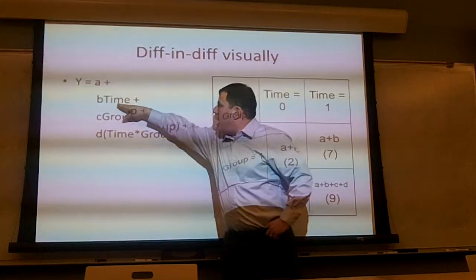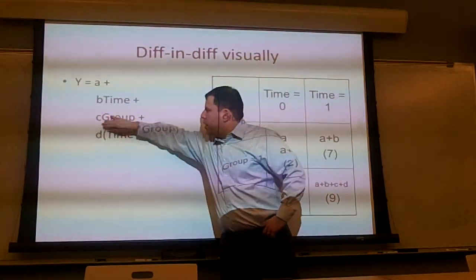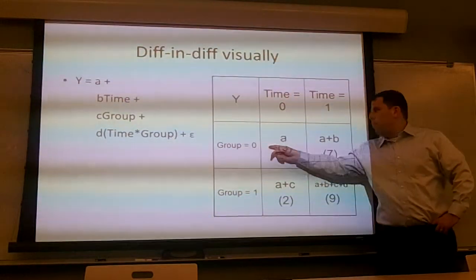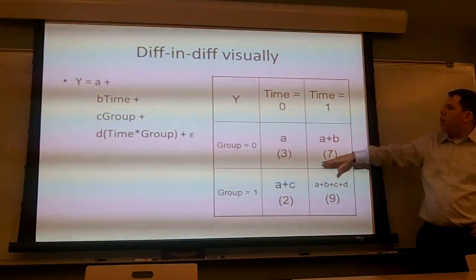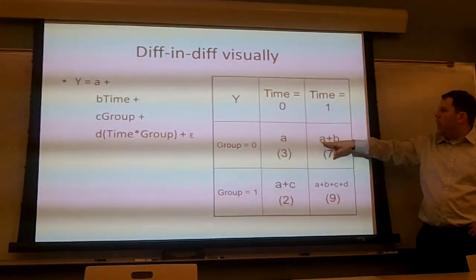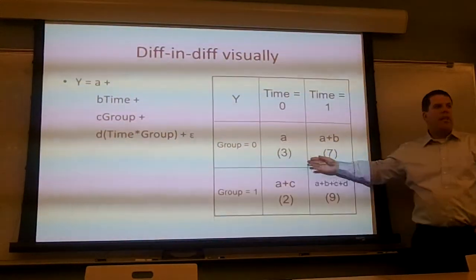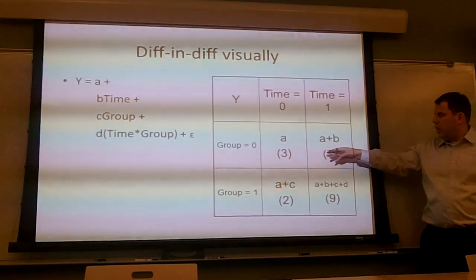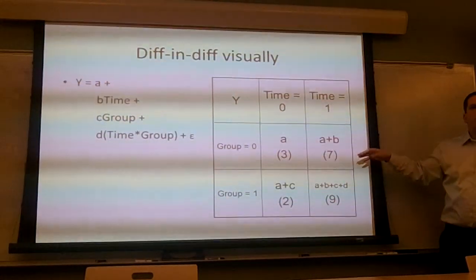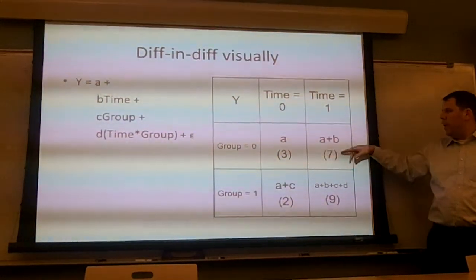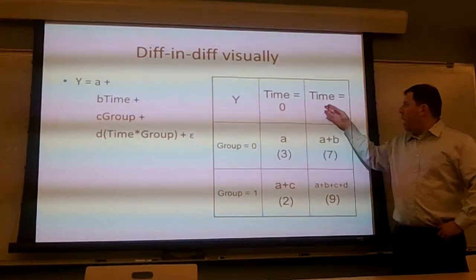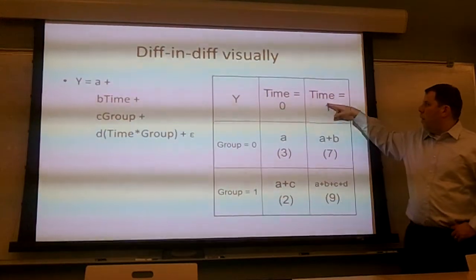Time is 0, so B falls out. Group is 0, so C falls out. The interaction term falls out as well, so that maps exactly back to our intercept. When time is 1 in the control group, we're adding now A plus B. That value is 7. This is example data. There's no guarantee that your results will always be 3 and 7. And so again, now for group 0, we have time equals 1.